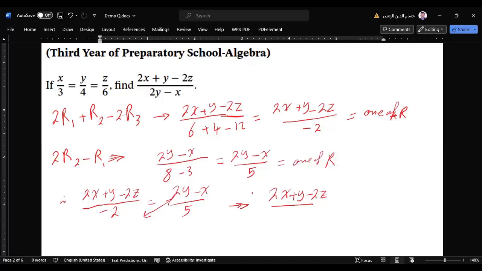So I will take this and this and down. It will be 2y minus x equal negative 2 over 5. So the answer of this one is negative 2 over 5.